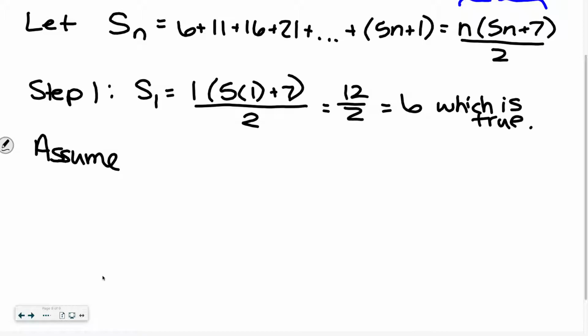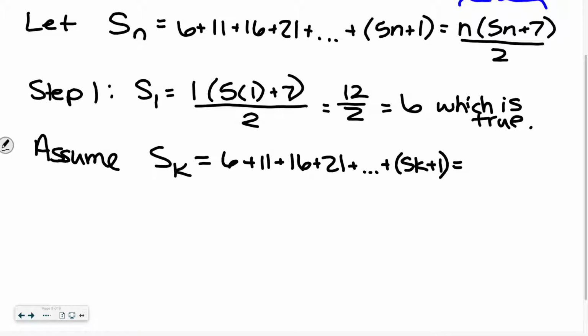Okay, so let's assume that S sub k is equal to, and then you write S sub n with k's in it. 6 plus 11 plus 16 plus 21 plus dot dot dot plus 5k plus 1 is equal to k times 5k plus 7 all over 2. So what we're saying is we're testing for n equals k. So we just made a substitution.